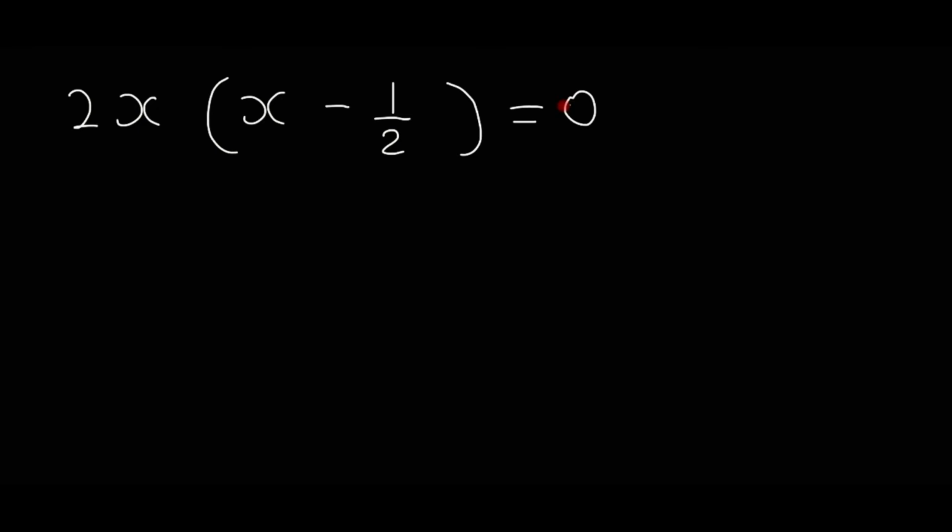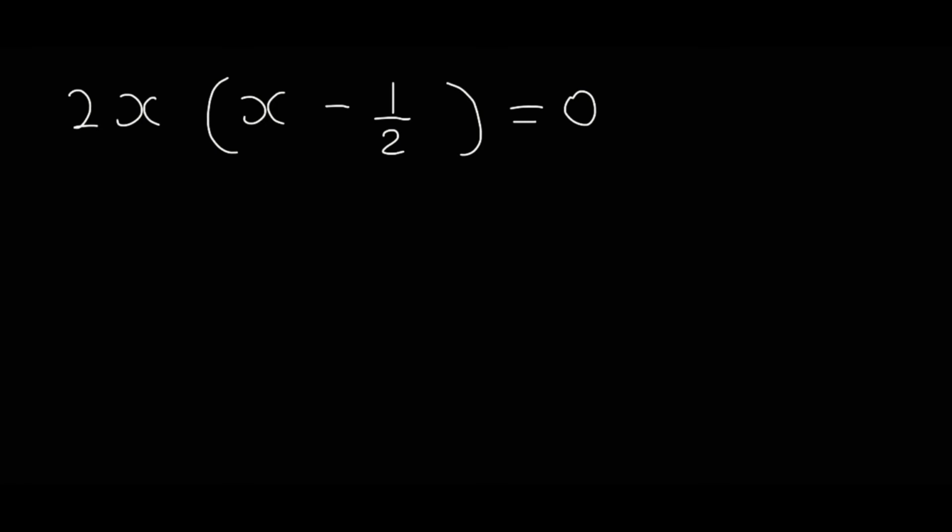And then let's say only 2x, and then x minus half is equal to 0. I already did the same thing because this problem is similar to the previous one. But the key thing is the other side is equal to 0.